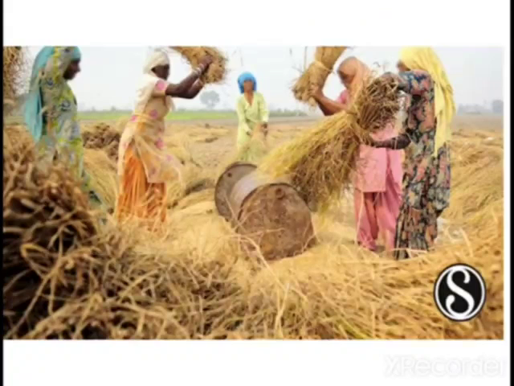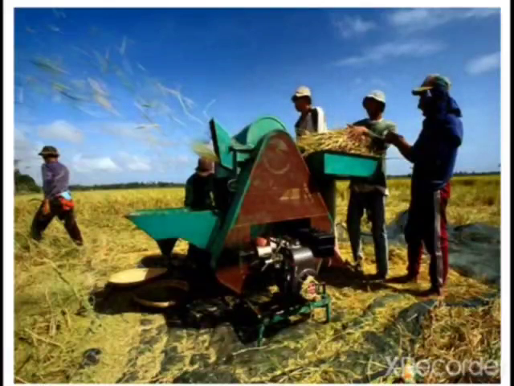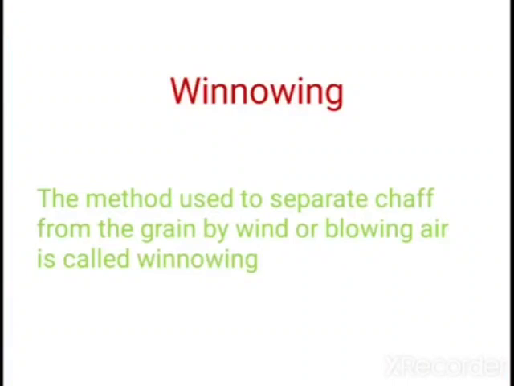Some women beat the dry stalks on a drum, which means a hard surface. Now this is the threshing machine. Nowadays these threshing machines are available because of the large quantity of grain stock, so threshing is now done by machine.